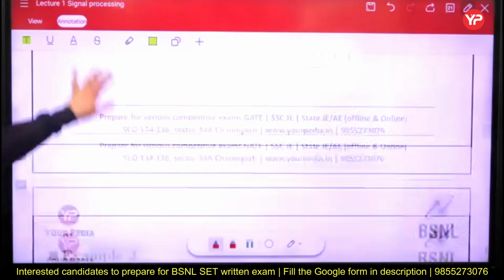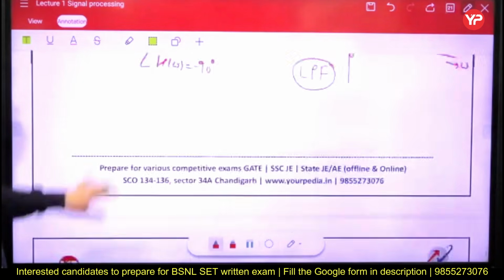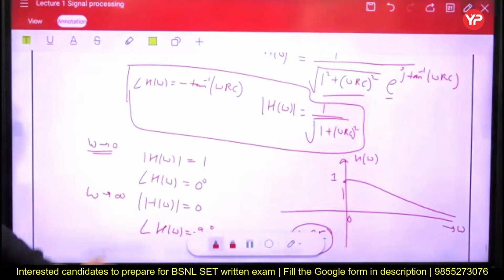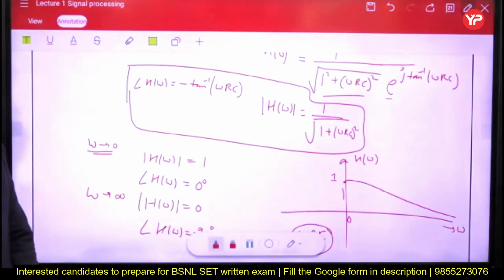Check and let me know. Understood everyone or not? Yes, please check this. Should I repeat anything? Just let me know. I will repeat that again.